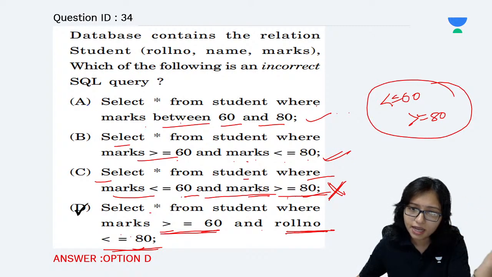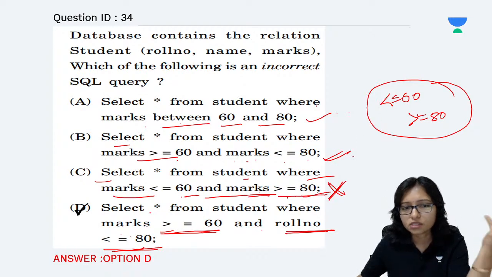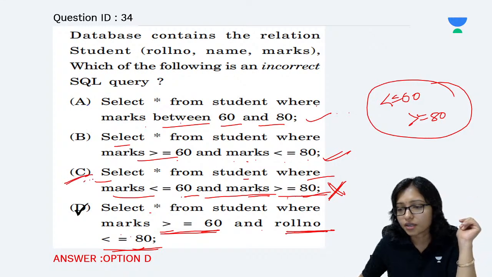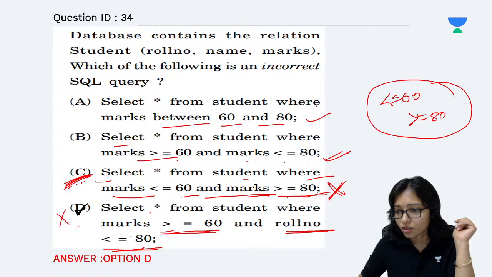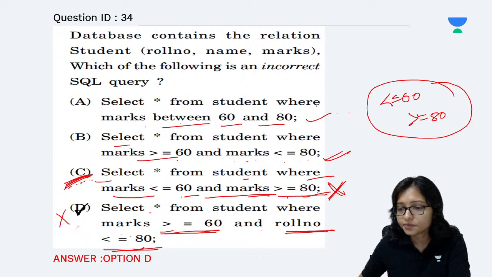I am telling less than, and another way I am telling greater than. So how is it possible? This is not possible. So as per me, option C is the correct one. Option D is given here, but as per me option C is the correct one. Okay, this one is clear.